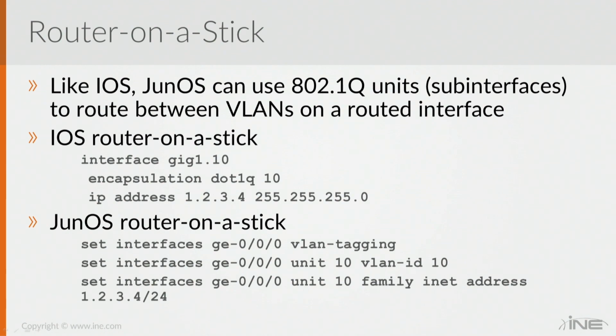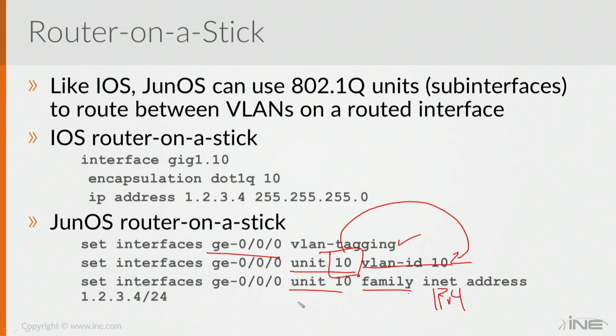This is the combination of both the VLAN tagging command under the global interface and the VLAN ID under the unit number, where normally the unit number maps to the VLAN ID, but technically they're separate variables. Then we have the IP address, which is under the unit, under the family. In this case, the family is IPv4, and then we have the particular address that's assigned.